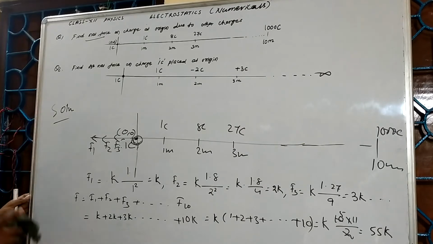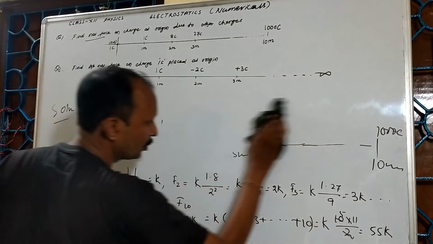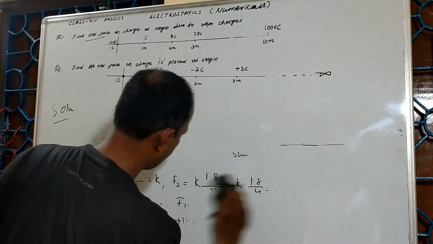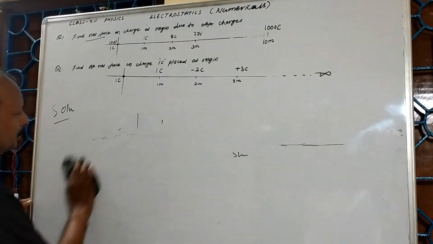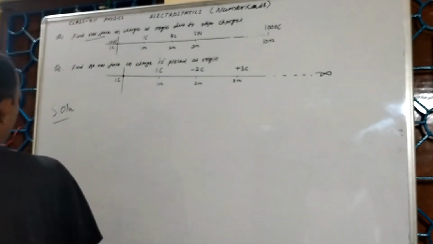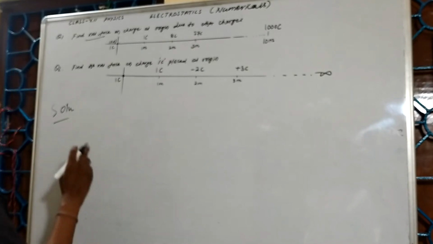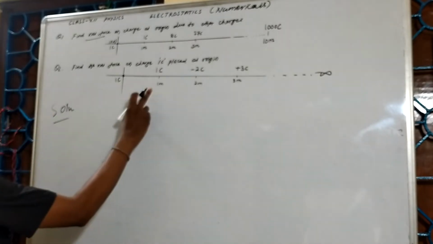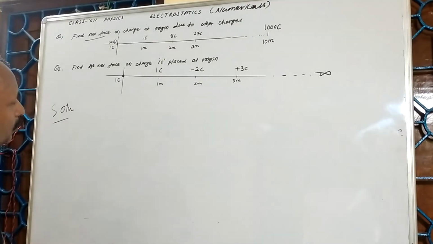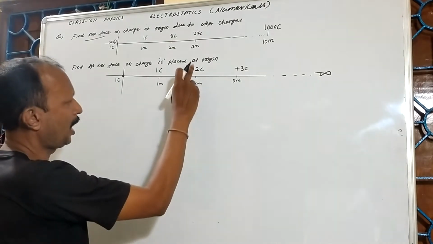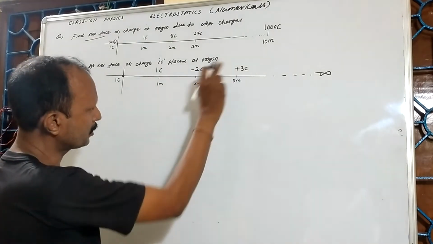Moving towards the second question, which is also a similar type of question. Both questions are based on Coulomb's law. Now, in the second question, what is there? Here at 1 meter distance there is a 1 coulomb charge. Here minus 2 coulomb charge, plus 3 coulomb charge.